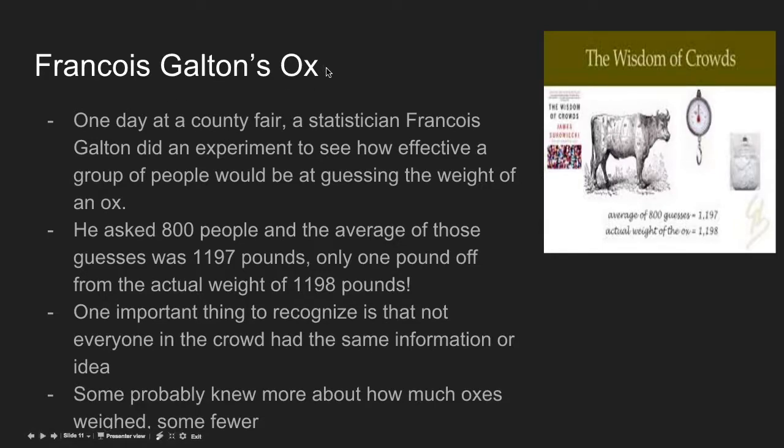So I'm going to tell a little bit of a story which will help get us into this. There's this statistician by the name of Francis Galton who did an experiment to see how effective a group of people would be at guessing the weight of an ox. He asked 800 people, and the average guess was 1,197 pounds, and that was only 1 pound off from the actual weight of 1,198.